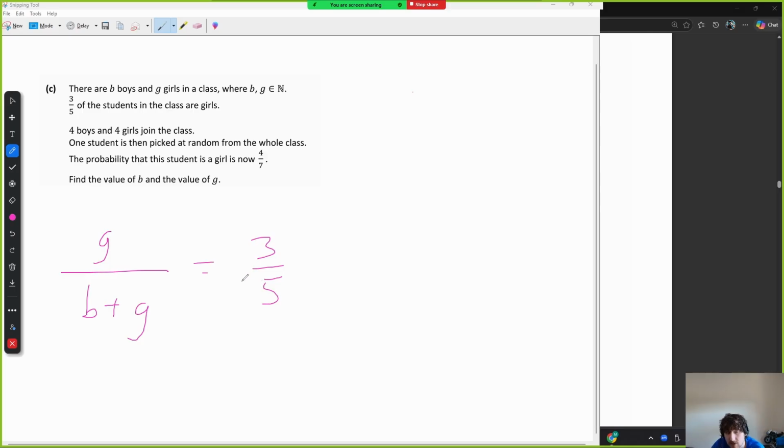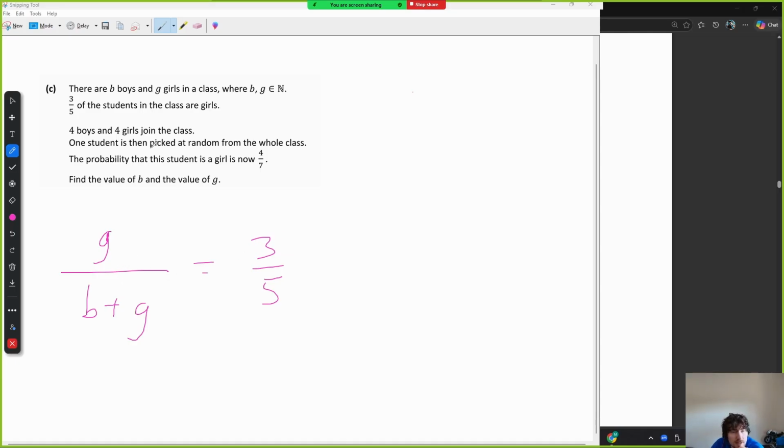These questions take practice to come up with statements like that relatively quickly. Knowing B plus G was the total number of students, the girls divided by the number of people in the class gives the ratio of girls in the total class. So that was 3/5.